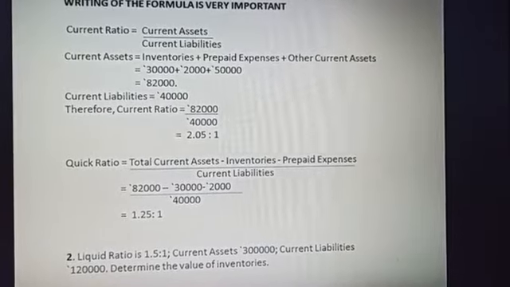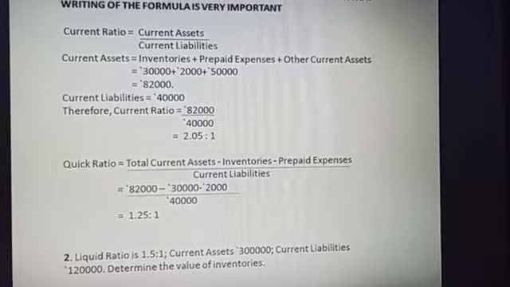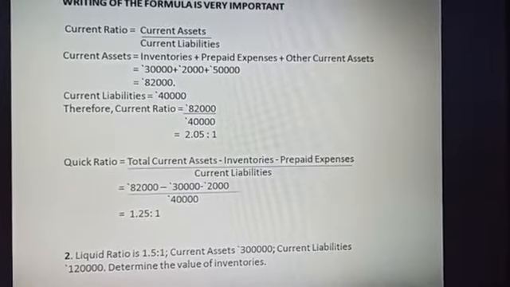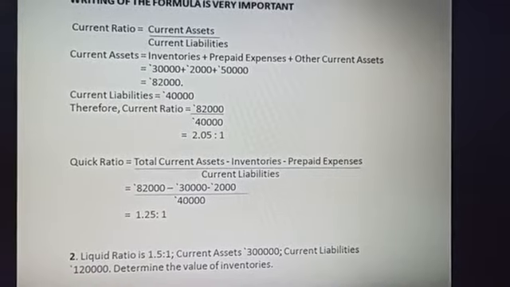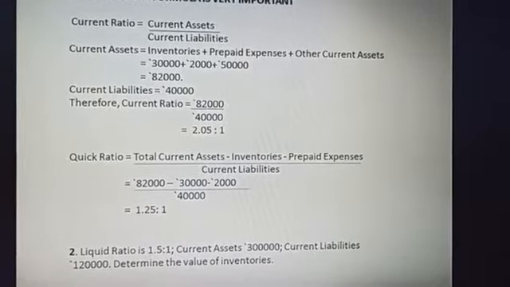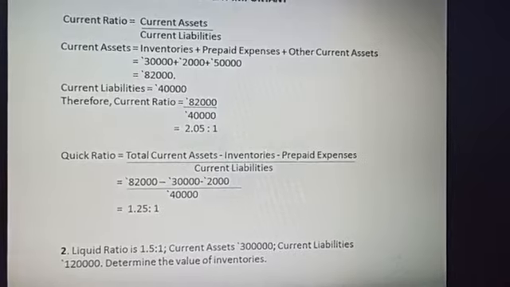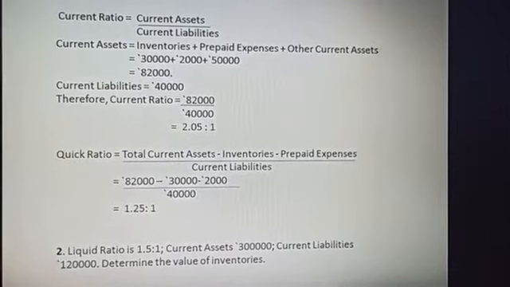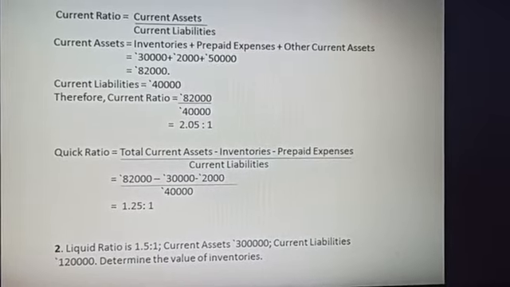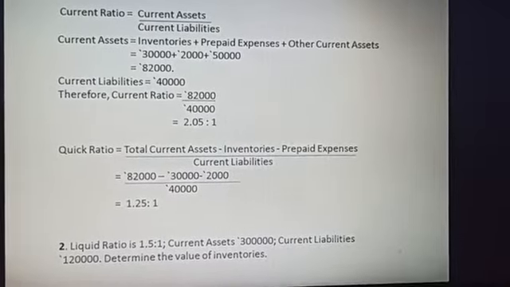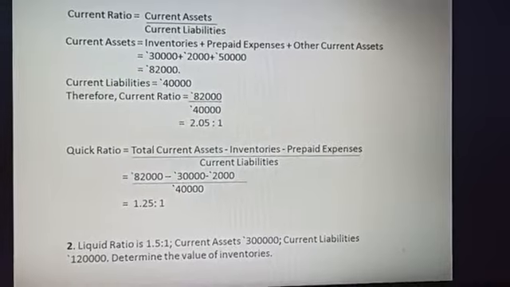Inventories are worth rupees 30,000, prepaid expenses 2,000, and other current assets 50,000, so total comes to 82,000. Current liabilities equals 40,000. Current ratio is 82,000 divided by 40,000, and it is expressed as 2.05:1. This is the way we must express current ratio and quick ratio.